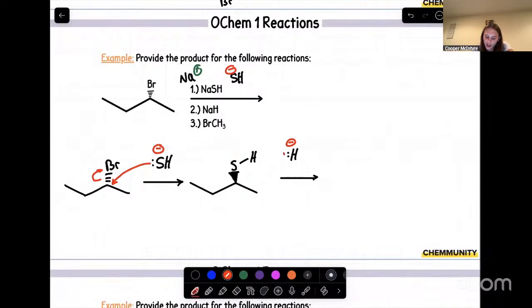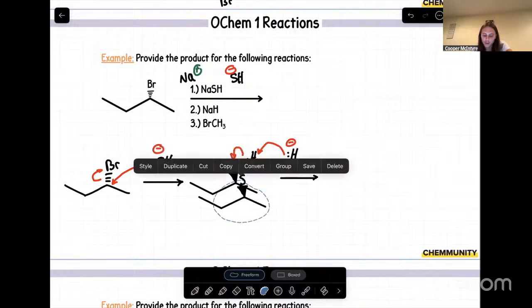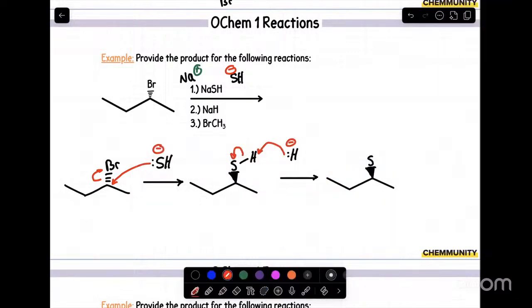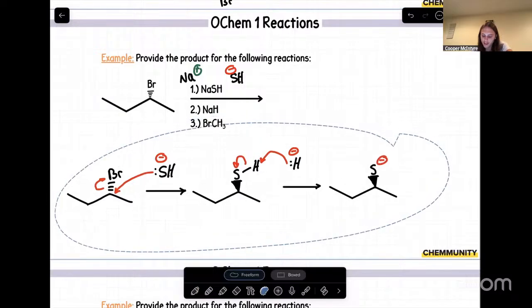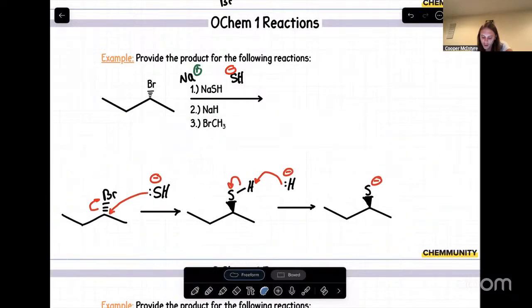So our hydride will steal that hydrogen, electrons fall back onto the sulfur. And by doing that, we basically just created a conjugate base. So our sulfur will have that negative charge. Perfect. Let me give myself some more room, and showcase where we're at. This was step one. This was step two.